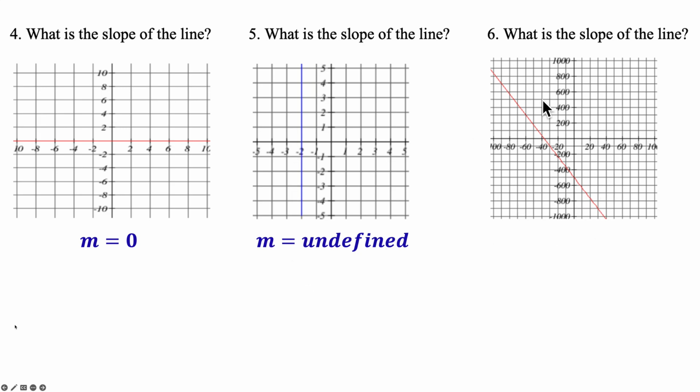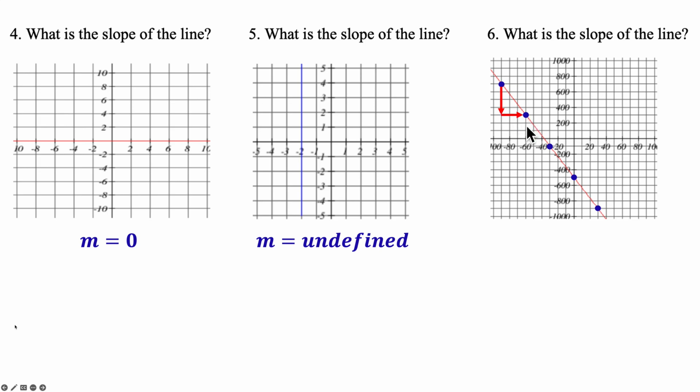Now, this is a trick question because a lot of people will do this. They're going to find points like this point here, and there's another point there, and they look for where the line touches the corner of the squares. And now, a lot of people will count squares down 1, 2, 3, 4, and to the right 1, 2, 3.